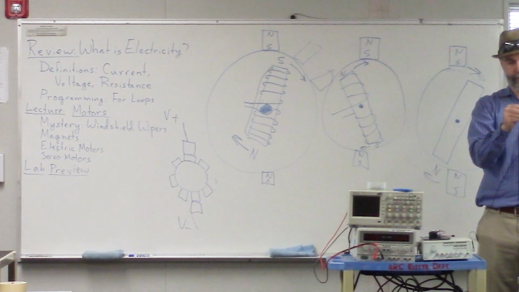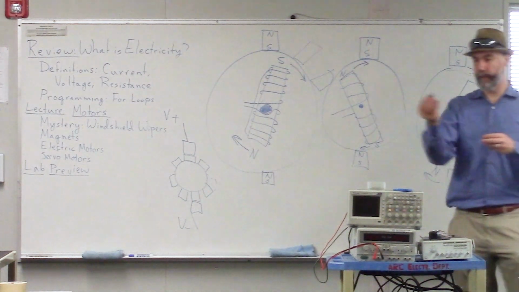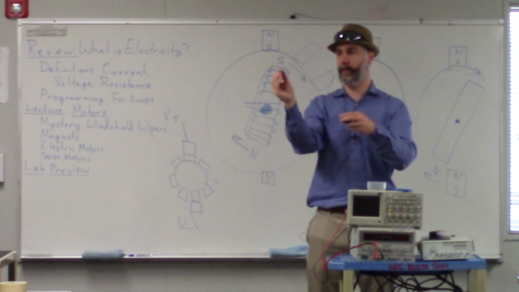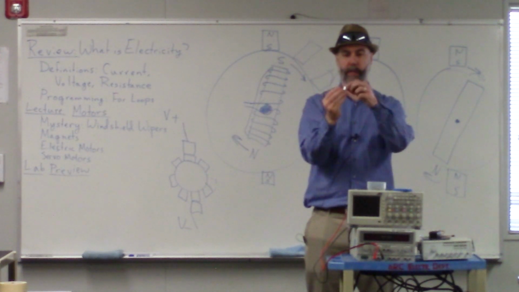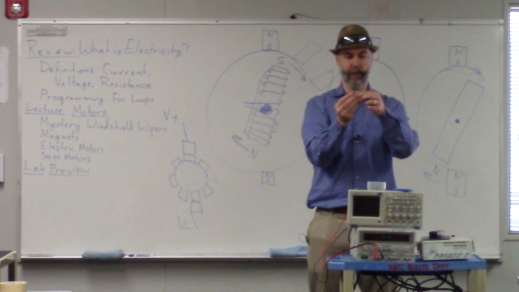So if we pull this apart even more, we can see that this is what we got inside. So this little silver metal can is the motor, and there's a little axle that's coming out of the motor, so that's what actually turns.